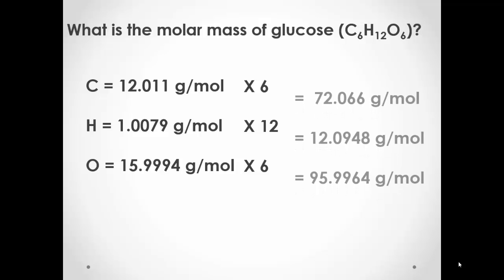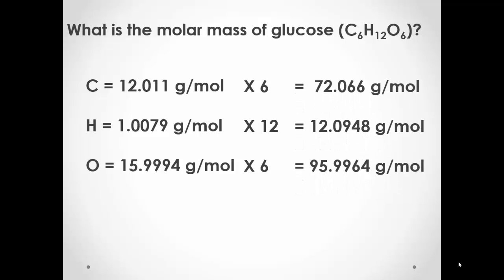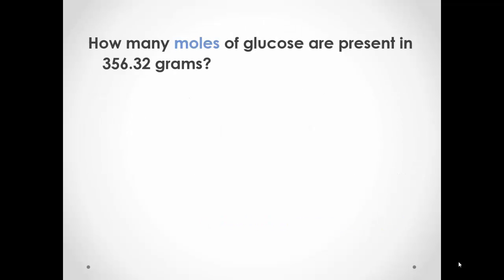So we multiply the molar mass of each element by the number of moles of each element in the compound. Adding those masses together, we find the molar mass of glucose to be 180.1572 grams per mole.